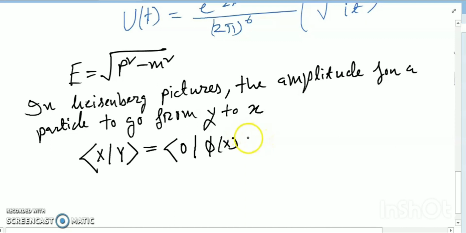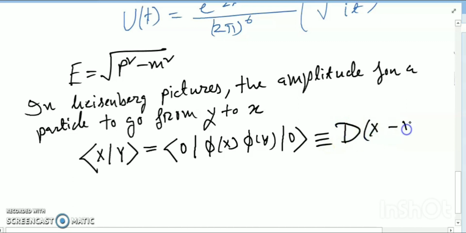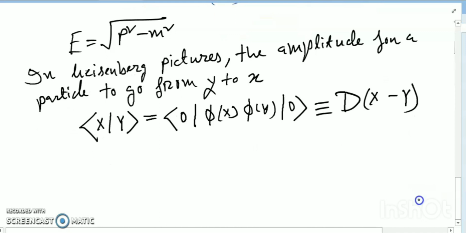We are going to write it like this: D of x minus y. So it is going to be our propagator. This is called our propagator. So far it just makes sense, nothing particularly new.